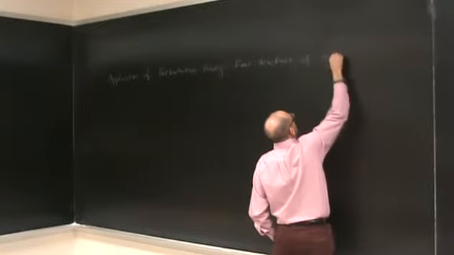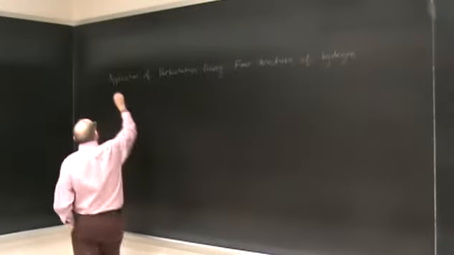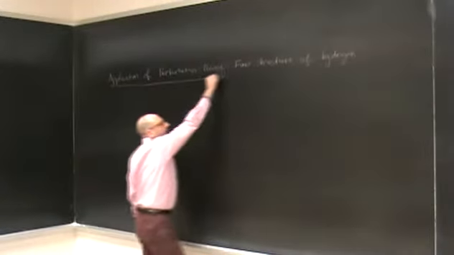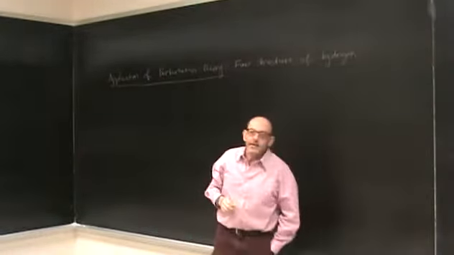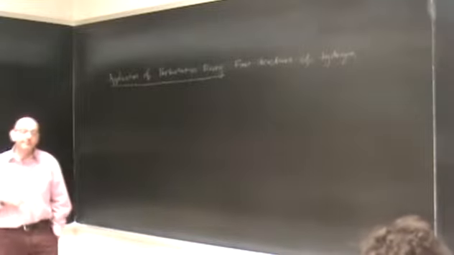When we wrote down the Hamiltonian that described the hydrogen atom, the interaction of the proton and the electron, we did so in an approximate way.